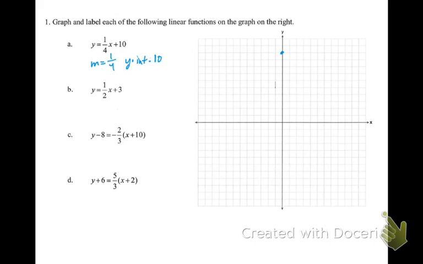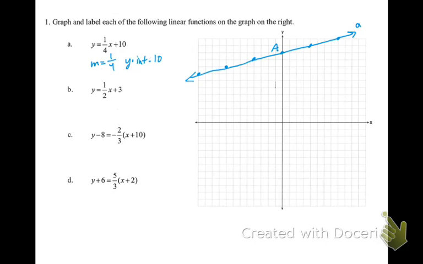I'm going to use the slope of 1/4 as a positive slope, so it's up 1 to the right 4, making some points. Then going the other way, go down 1 to the left 4, down 1 to the left 4. And here's your linear function, horribly drawn. I'm going to label my starting point as A, and label this as equation A.